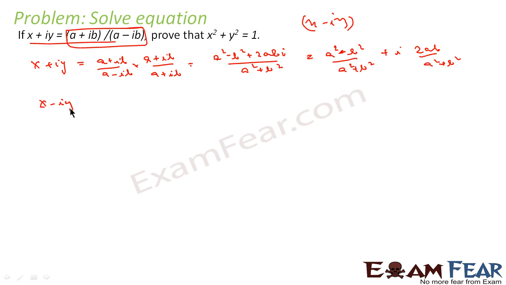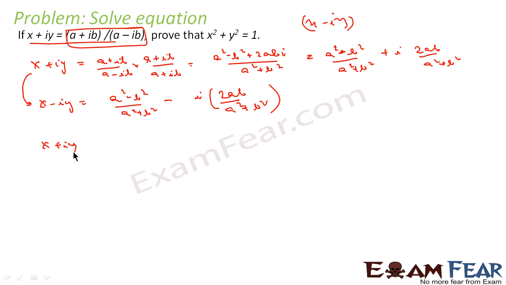So now similarly, x minus iy, you can just say, is equal to a square minus b square by a square plus b square minus i into 2ab by a square plus b square. Now we have x plus iy and we have x minus iy.